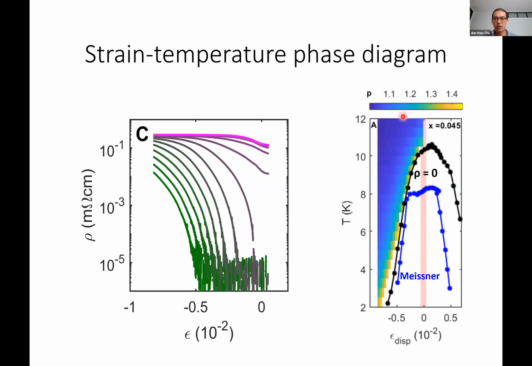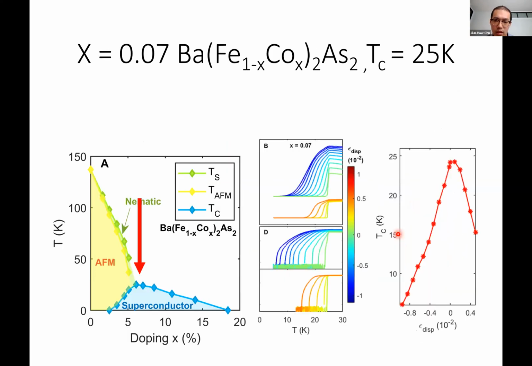So we characterize the IV exponent in this color map, where you have an exponent that is different from 1 close to the zero resistance state. Eventually, when you apply enough strain or go to high enough temperature, you're folded back to the metallic state with linear IV. Okay, so this is the underdoped.